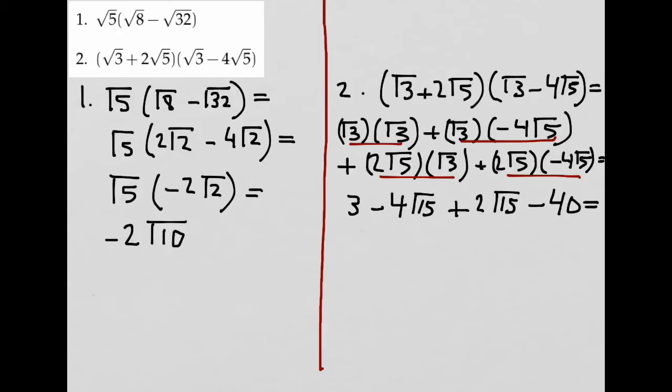This gives us a final answer of minus 37 minus 2 root 15.